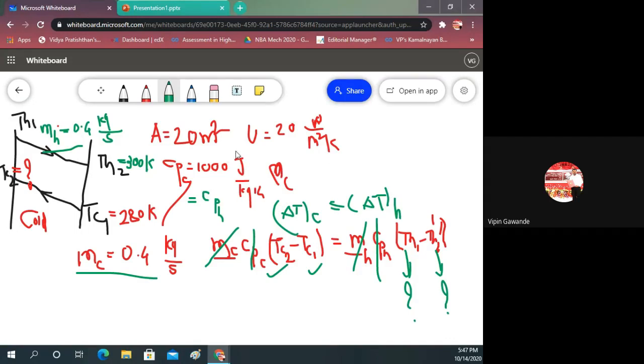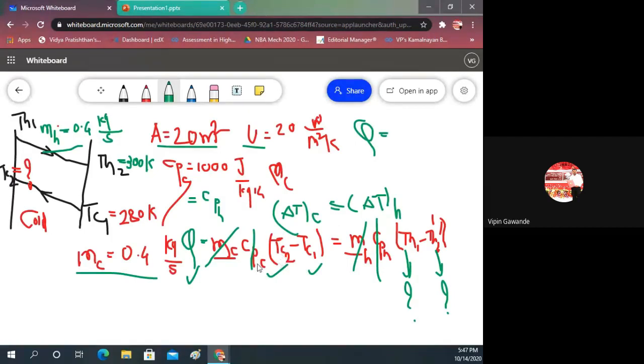Now, what is the other formula? Since the overall heat transfer is given in the problem, we will use Q is equal to the overall heat transfer formula. If I calculate this Q, then I can use it to calculate Tc2.